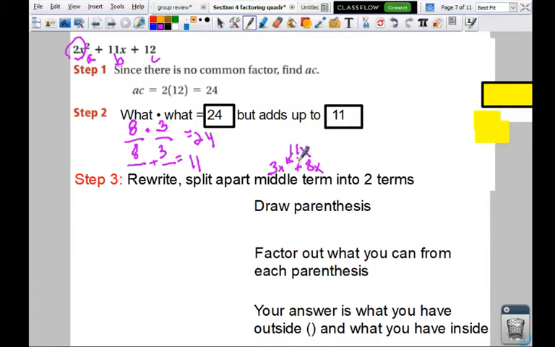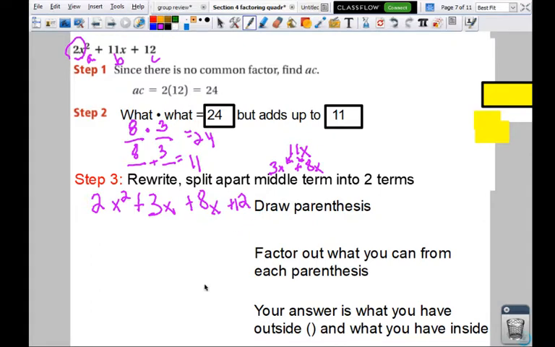So what we did is we split apart this 11x into 3x and 8x. And I'm just going to rewrite my whole problem, but instead of 11x, 3x plus 8x. So I've got 2x squared plus 3x plus 8x plus 12.